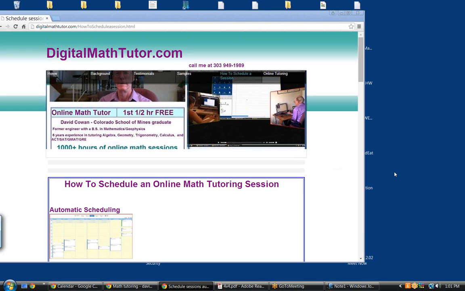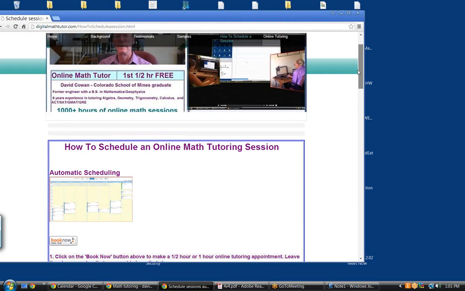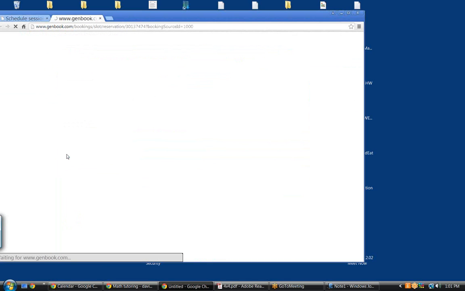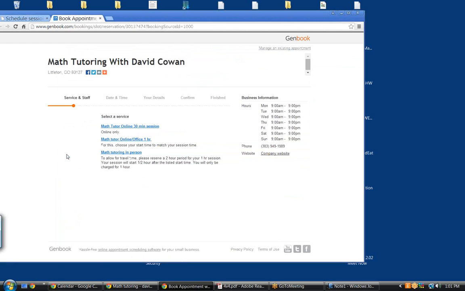Hold on. You see it in the chat window on the GoToMeeting? Yeah. Just clicked on it. Click on it. Save it as a favorite. Okay? And here's what it's going to allow you to do. You go here and you click on Book Now. You get shown my entire availability.